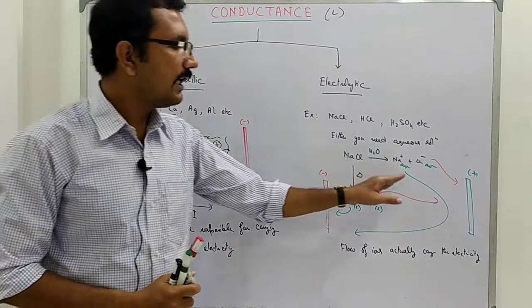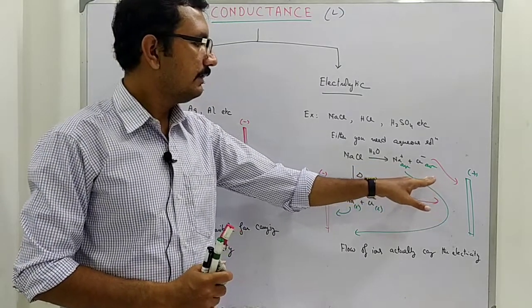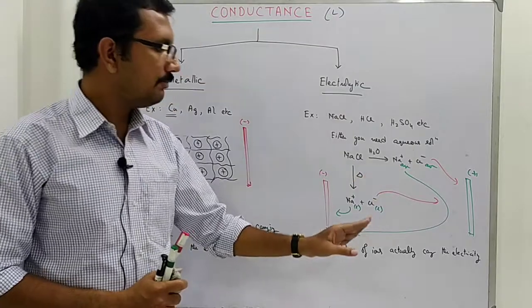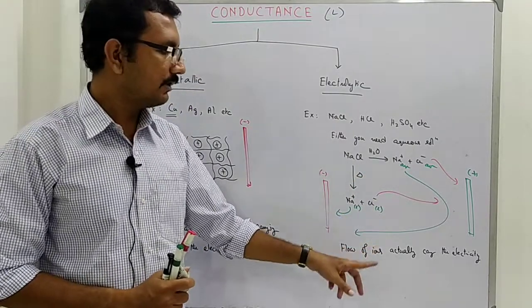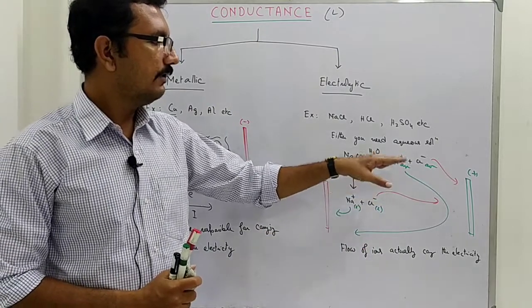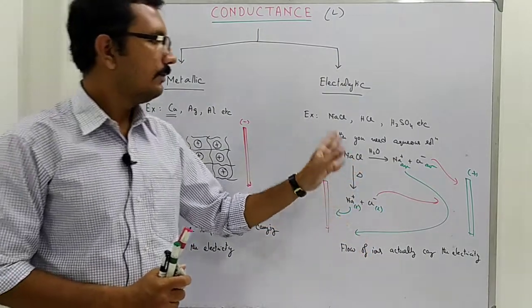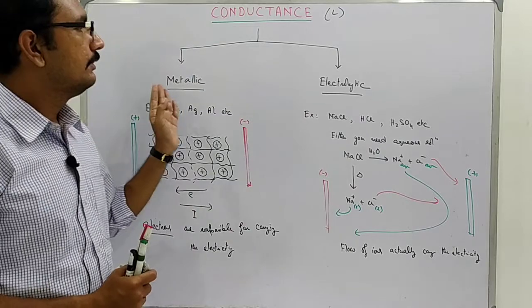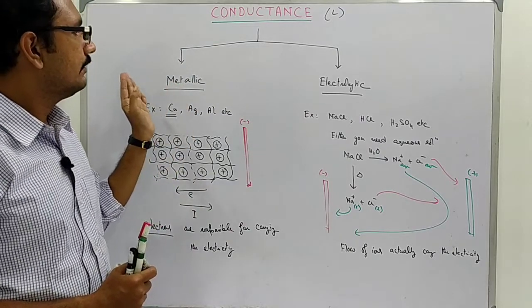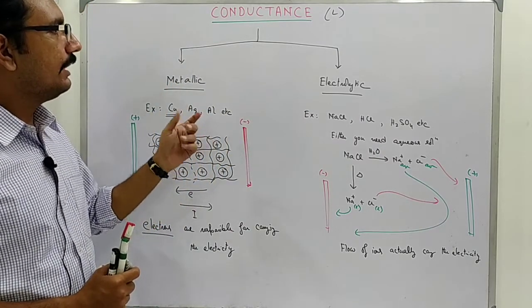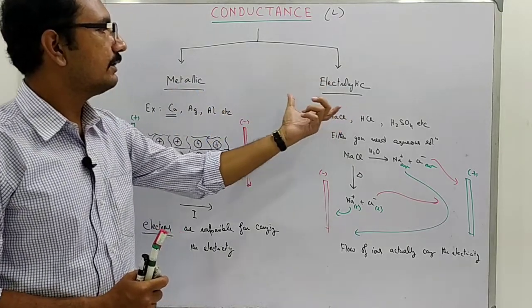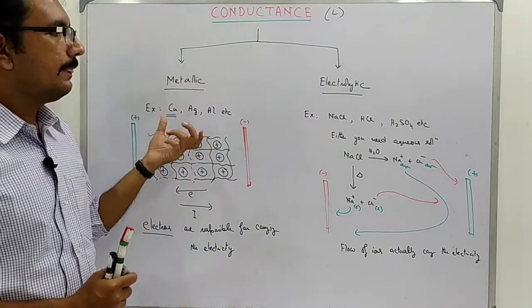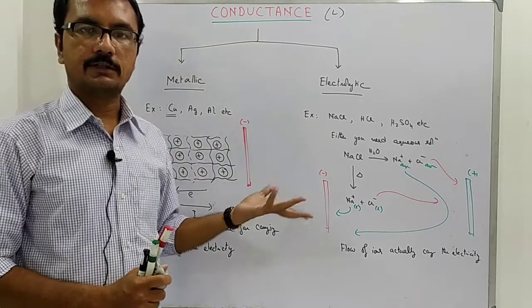Also, the interionic attraction, that is the attractive force between the oppositely charged ions, will also be responsible for the generation of resistance. So, the resistance that is being offered by an electrolytic conductor or a metallic conductor is generically different.